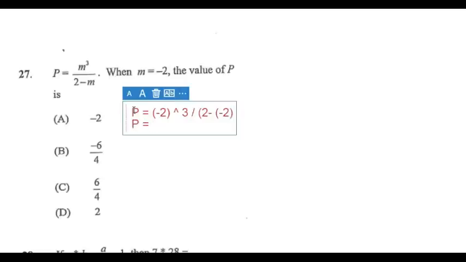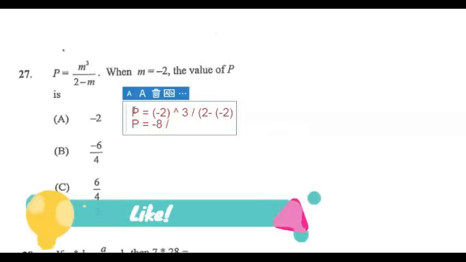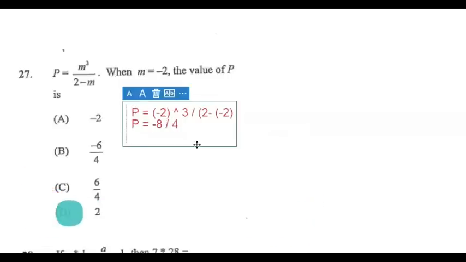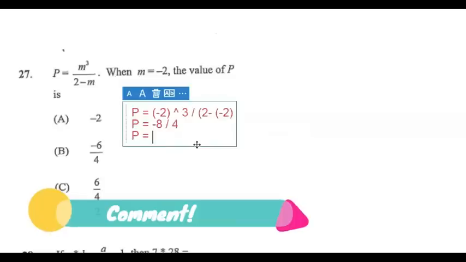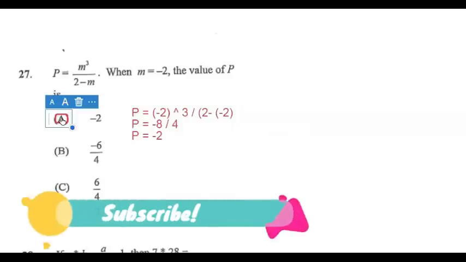So therefore p is equal to negative 8, and that is divided by 2 plus 2, which is 4. So therefore p is equal to negative 2, and our answer for 27 is A.